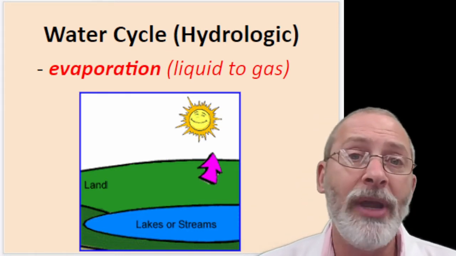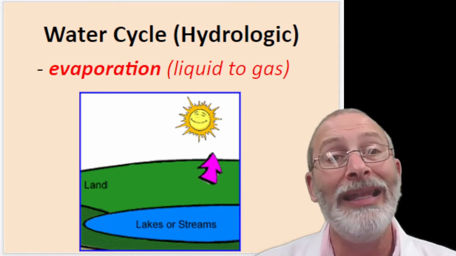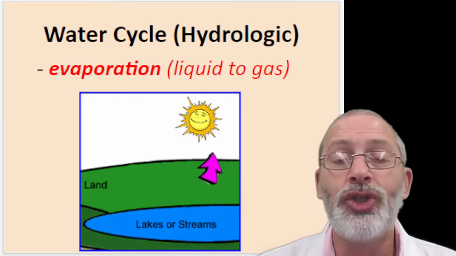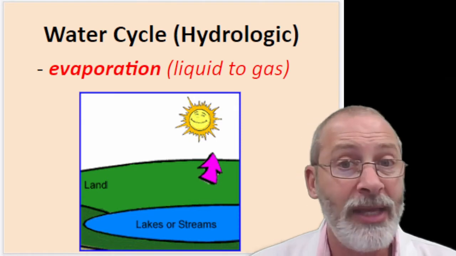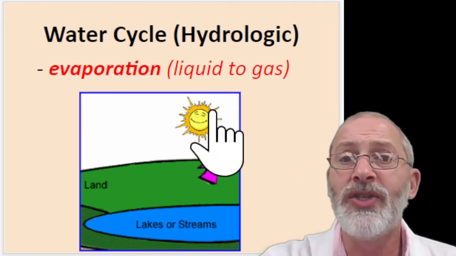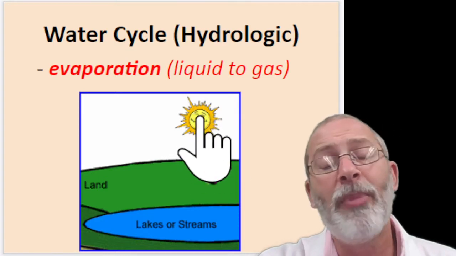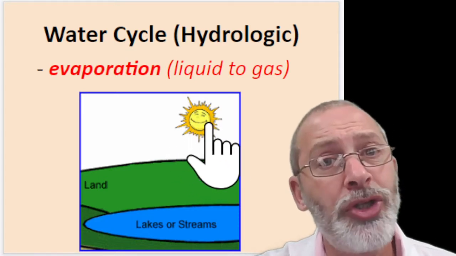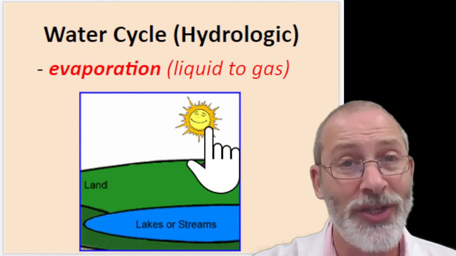So, evaporation is when a liquid changes to a gas. And that takes energy for that to happen. And that energy is supplied on planet Earth by our friendly neighborhood star that we call the sun.